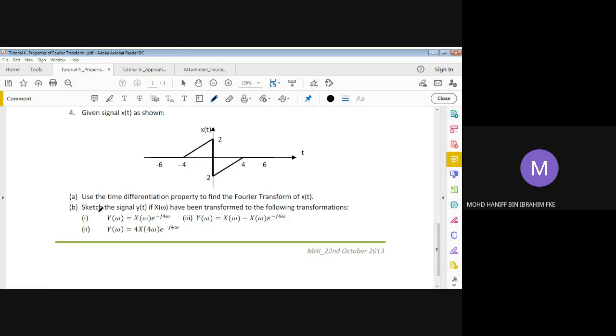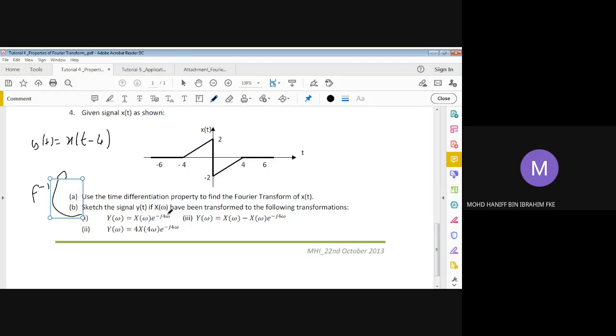Based on this question, we need to do the inverse Fourier transform because we need to find y(t). So we can deduce that y(t) shall be equal to x(t minus 4), supposedly. Am I right?